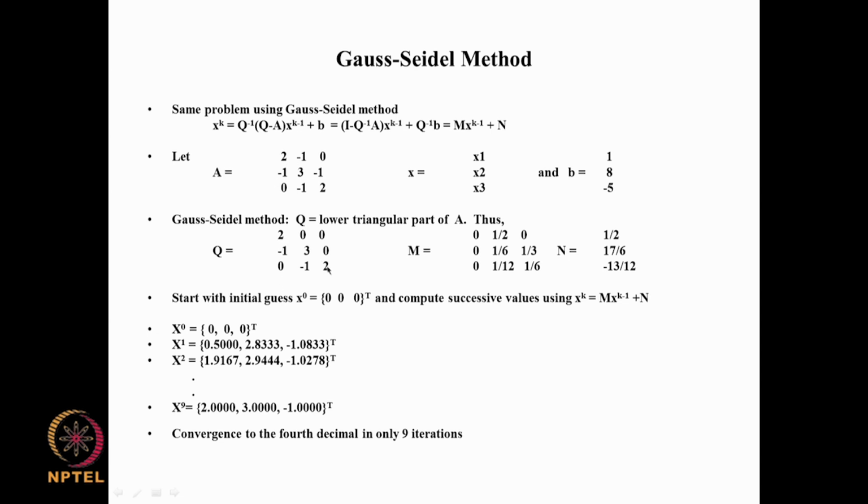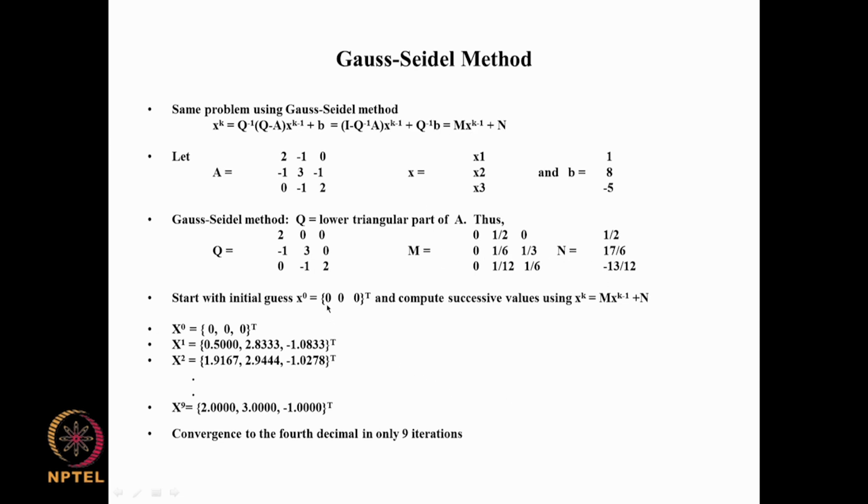So, that is this one, 2 3 2 minus 1, and all this upper diagonal elements are 0, and this is 0 because this is 0 here, and we can substitute in this and we can get M and N to be like this.